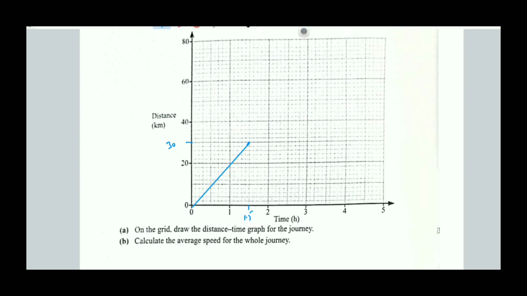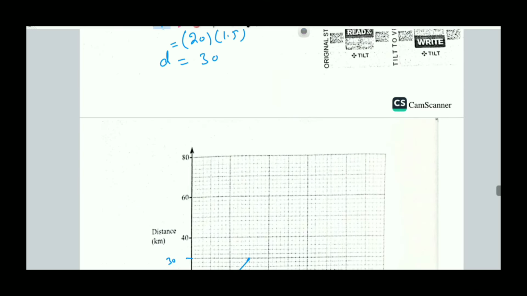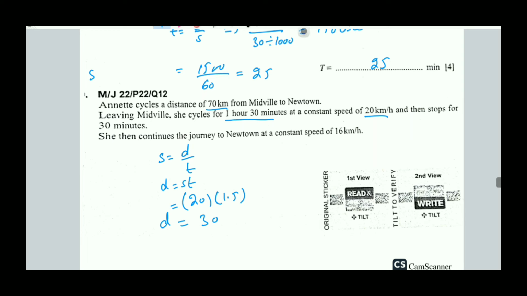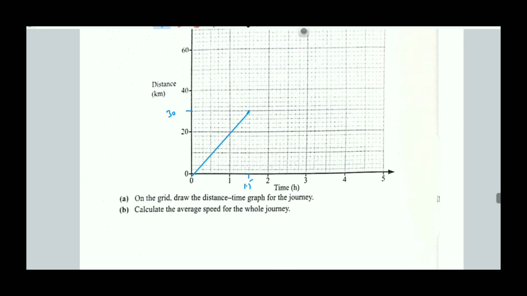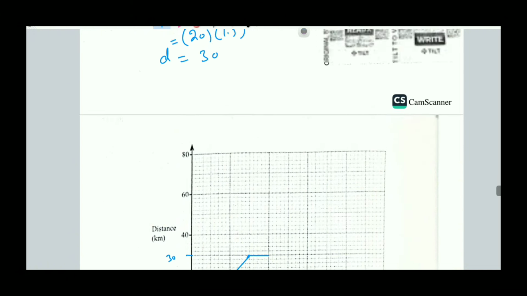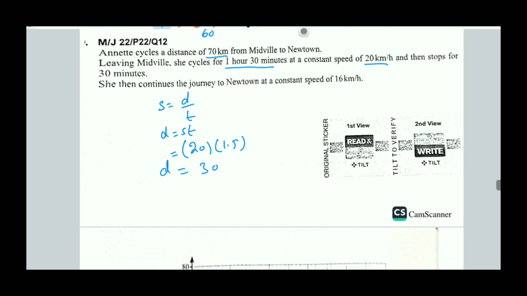Okay. So the next line is that she stops for 30 minutes. 30 minutes stops means she will stop till 2. Okay. Now next line. Then she continues the journey from Newtown at a constant speed of 16 kilometer per hour.